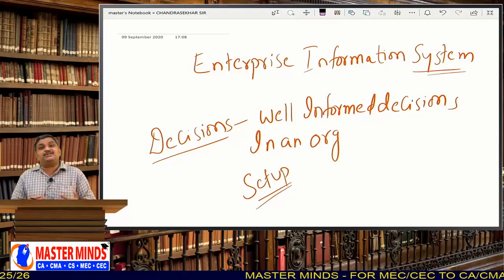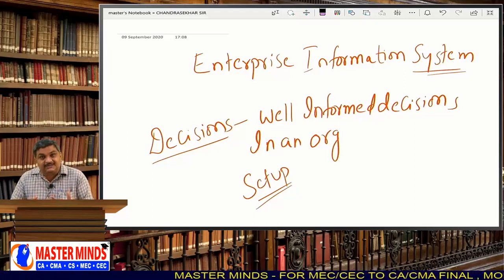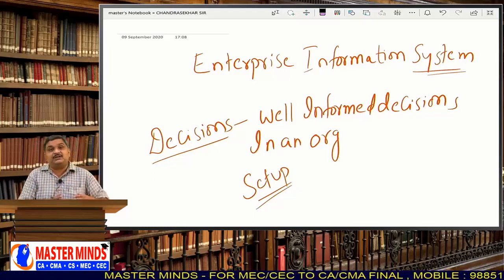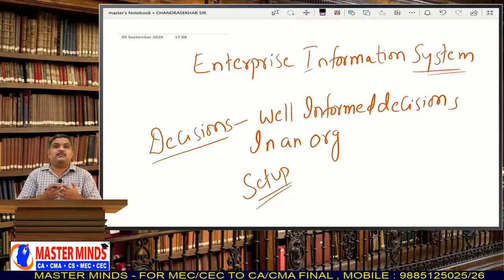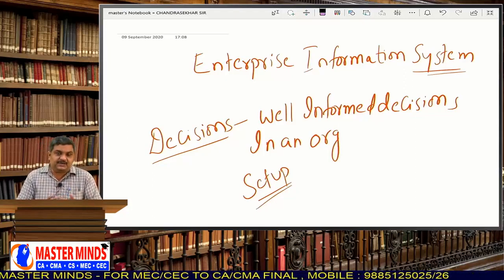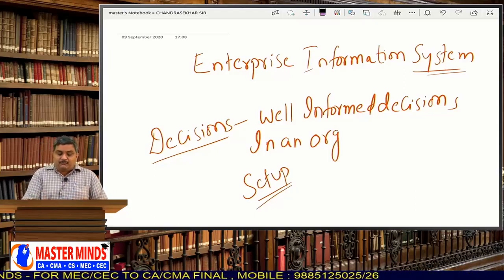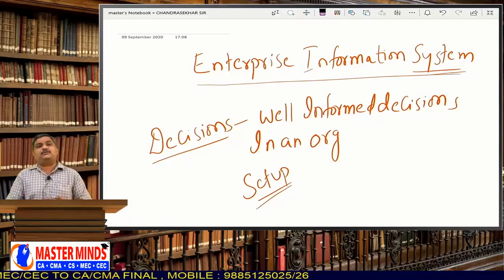So every organization should set up an information system, and that information system gives the required knowledge, the required information, to the decision makers to make the decision. That is what you need to understand. And now, why should a chartered accountant study the subject of EIS?